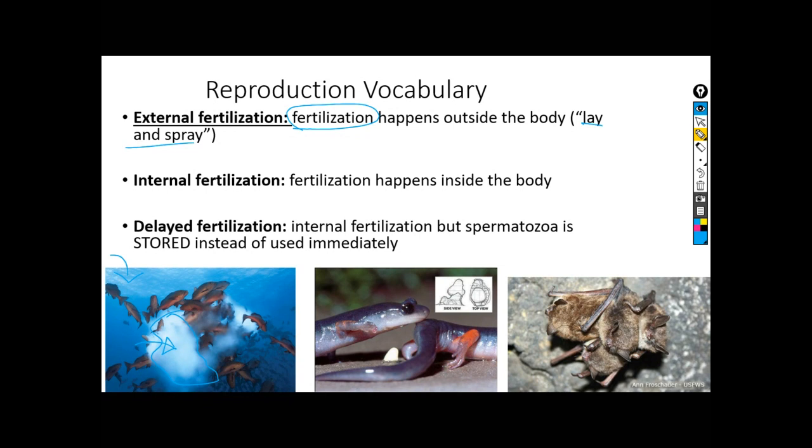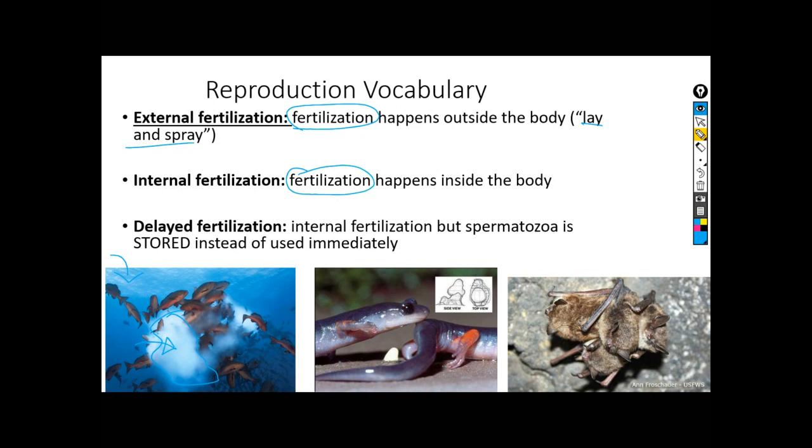Okay, so let's compare that then. For internal fertilization, again, remember we want to focus on the fertilization moment. In this case, fertilization is happening inside the body, usually inside the female body. Most of the time, the female is keeping the eggs inside her body and is accepting some form of the male sperm or spermatophore.